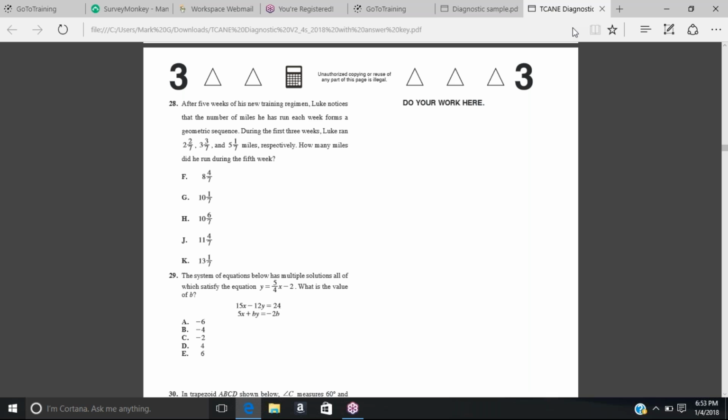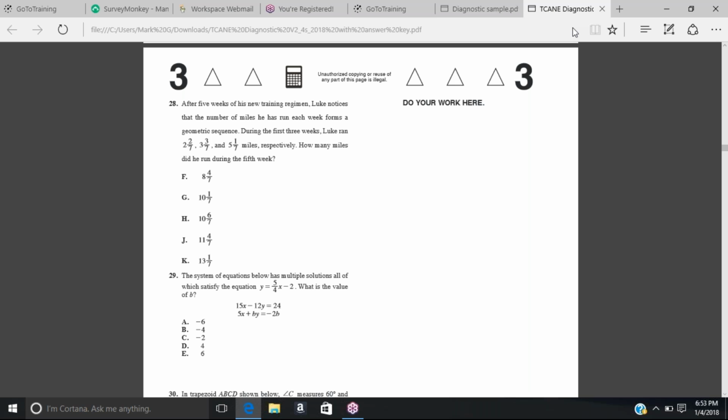Now we'd like to do a formation that, since they say it's geometric, it means there's an increasing percentage. I have a hard time doing percentages with these mixed numbers. I'm going to convert it into clean fractions. They're all on top of 7. So let's turn it into a top-heavy fraction.